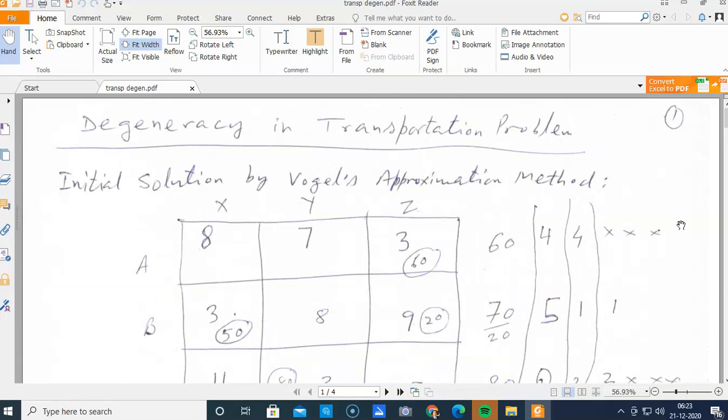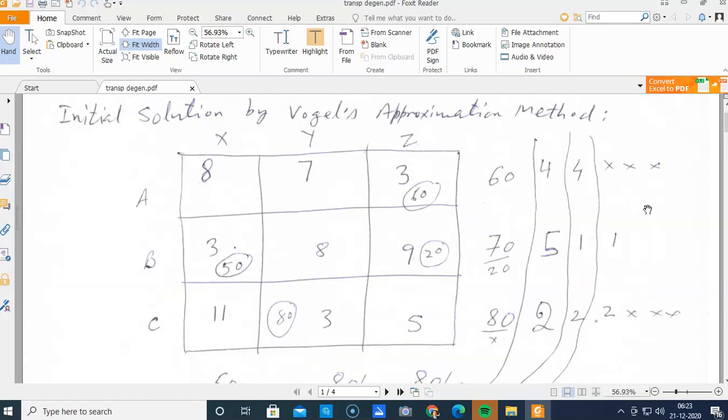So for example, I am taking this transportation problem here and obtaining the initial solution by Vogel's approximation method. Now we will try to see whether there is degeneracy or not.